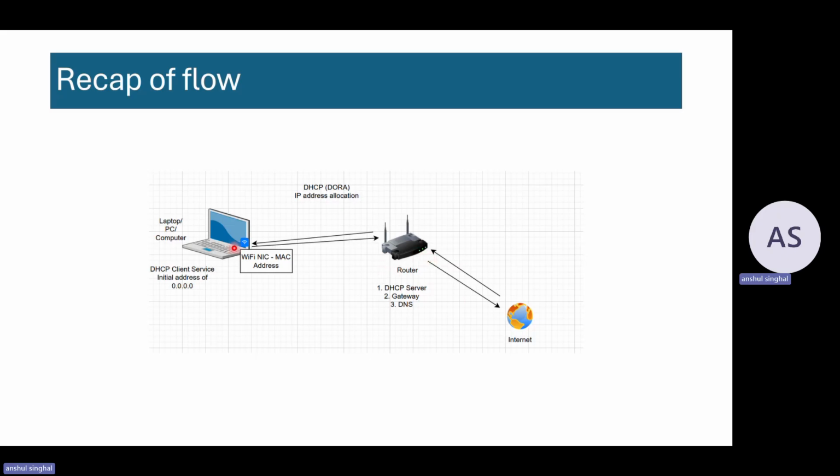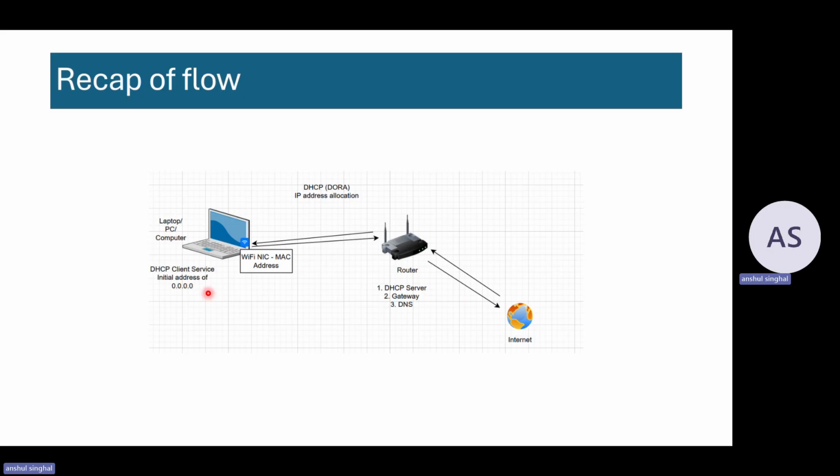Whenever the laptop is booting up, it has an initial address of 0.0.0.0, which means nothing in this context, and then it will basically shout on the network to get an IP address. As part of this IP address allocation process, the router is going to assign a dynamic IP address to it.